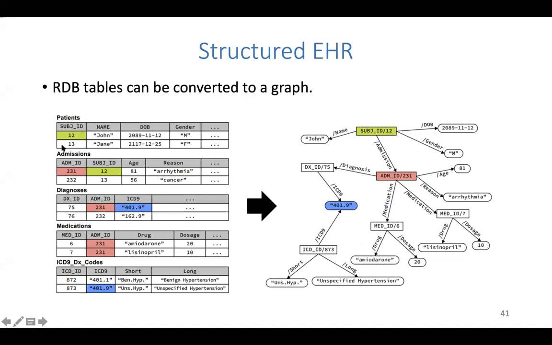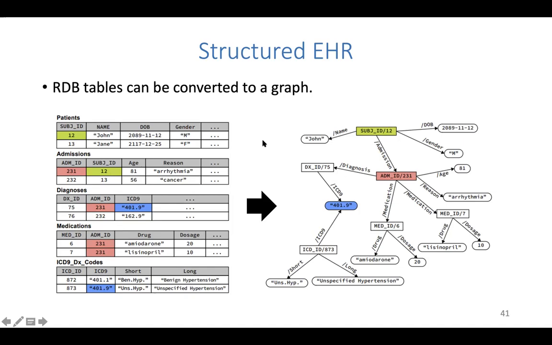So you can use the number 12 to link to the admissions made by John, and the admissions would have an admission ID, and then you can use that information to see what kind of diagnoses or medications John received during that specific admission. If you convert this to a graph, then it would look like this.